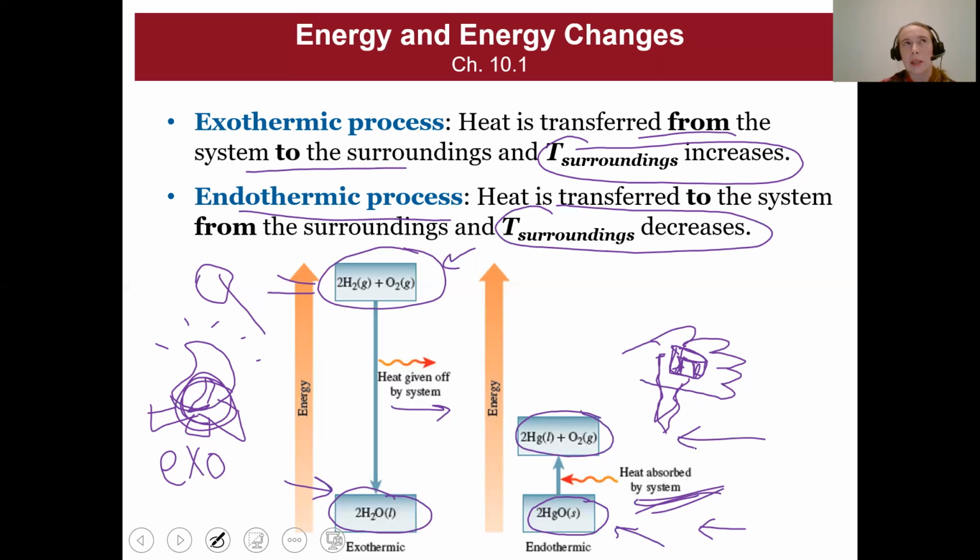So we are increasing in energy, so we need to absorb that energy from the surroundings. Whereas over here, we're going from a higher energy to a lower energy, and we give off that heat to the surroundings because we don't need it anymore when we go to a lower energy. This should look kind of familiar to the energy of the photons that we saw before, when electrons would go from higher energy levels to lower, or vice versa.